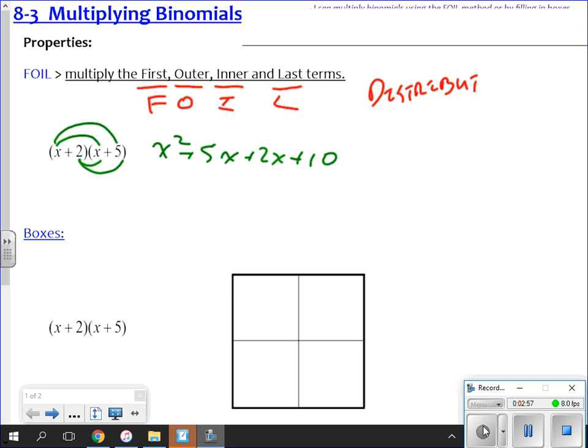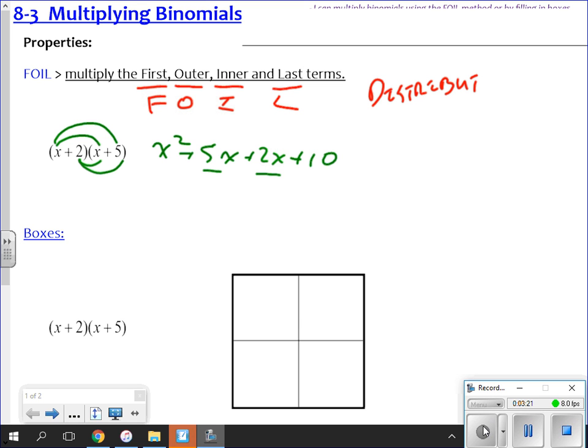We've done all the multiplying. Our answer's not yet finished. What we have to do is combine up like terms. Usually, but not always, like terms are only those two in the center. Almost always. Not every time, but almost always those are the like terms in the center.